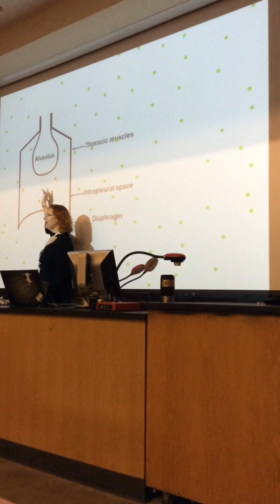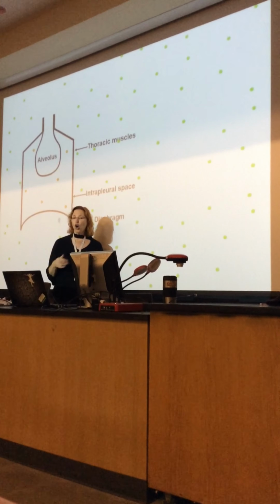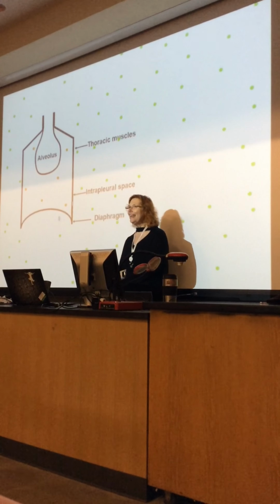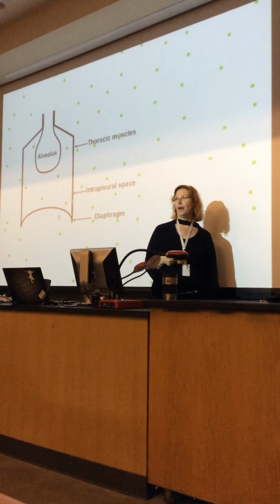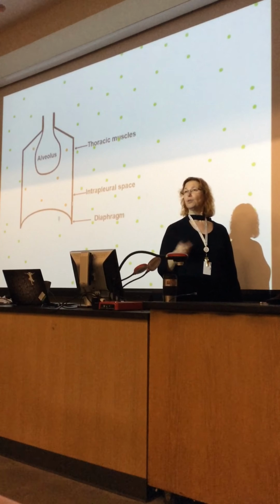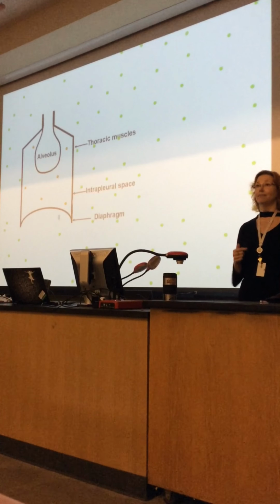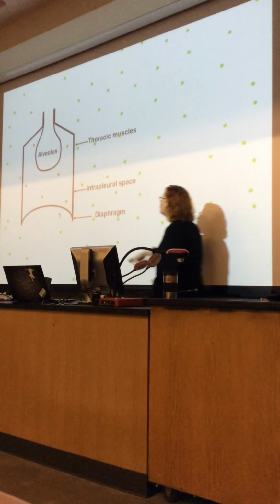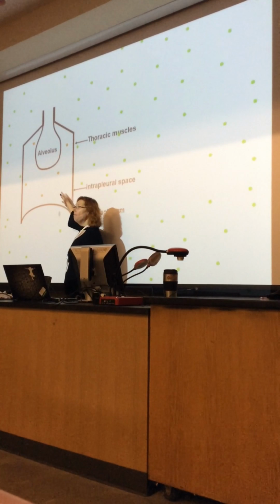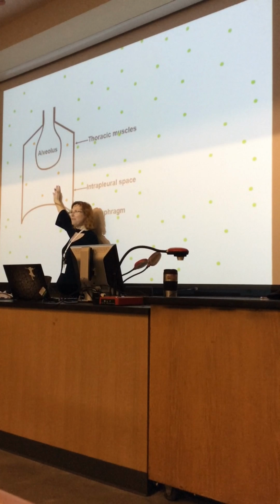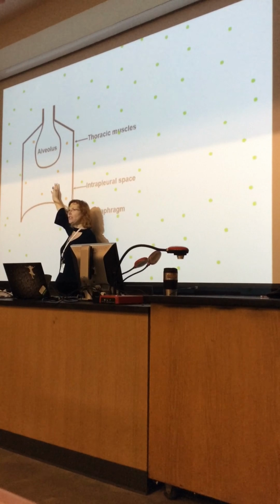The ones that are orange are the ones that are inside that intrapleural membrane. And that intrapleural membrane is a closed system. Okay? So those orange molecules do not change in number because this is a closed system.